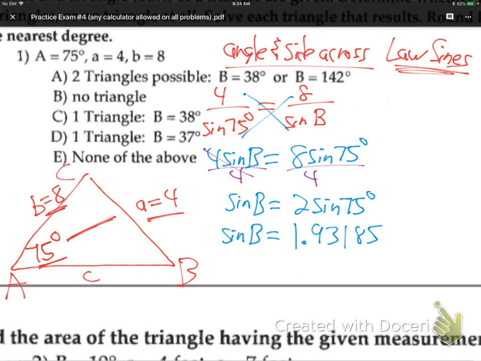And then how do you finish? Sine inverse, because that's how you get rid of a sine. So sine inverse on both sides. It cancels out. B equals, and it won't say no, it'll say error, which means not possible. So that one is not possible.